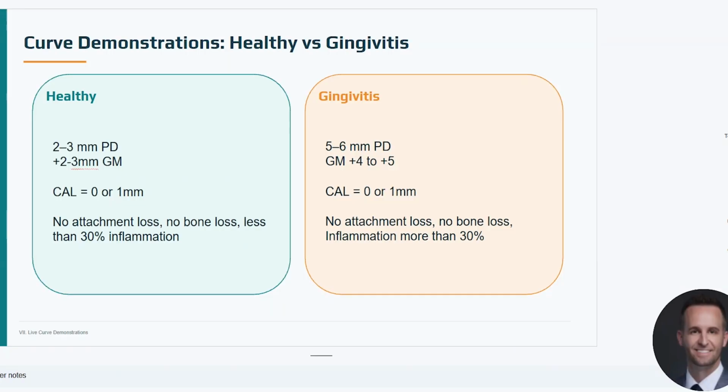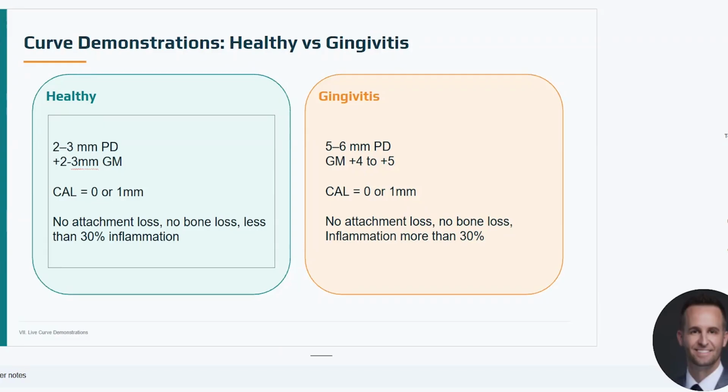Okay, so I'm going to walk through a couple of cases in Curve. In this first case, we're looking at 2 to 3 millimeter probing depths, and this is a healthy patient. So in a healthy situation, we're going to have a 2 to 3 millimeter probing depth. But once we get to the gingival margin in that same site, we're going to then have +2 to +3 millimeters of gingival overgrowth.